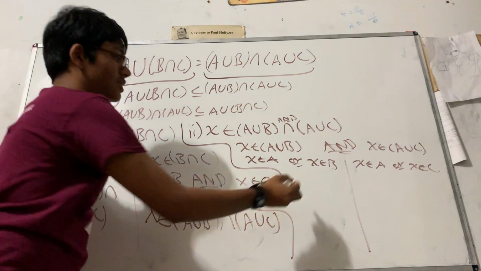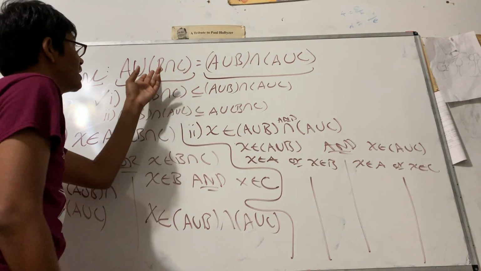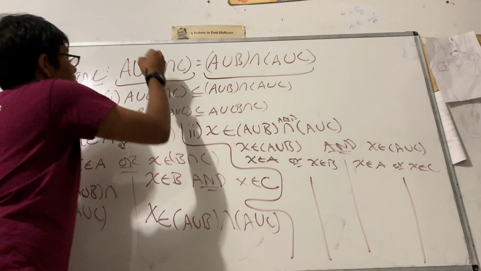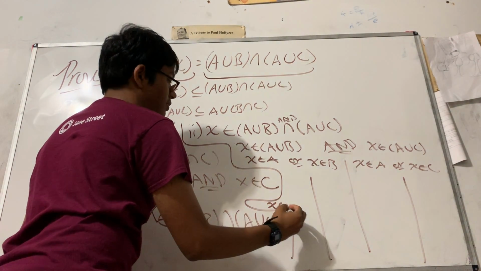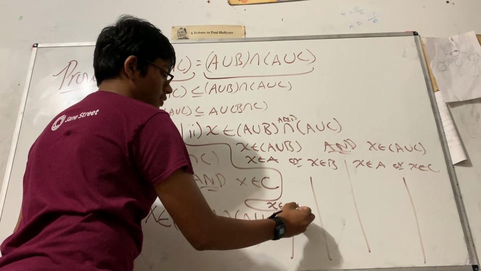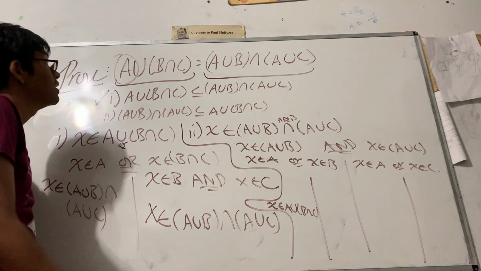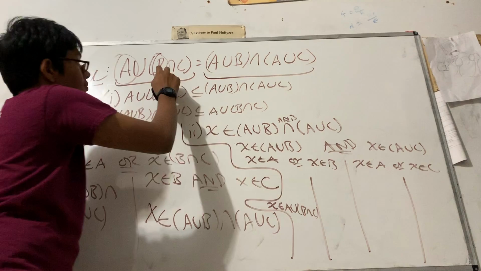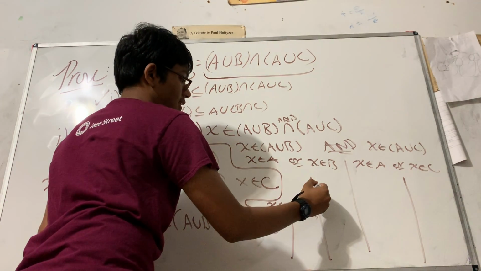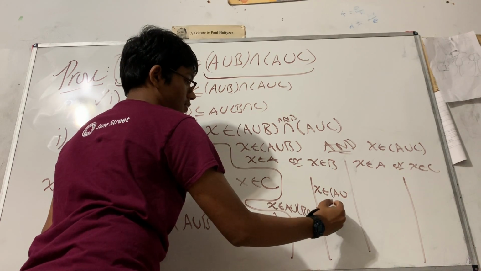Now, you see we have 4 cases here. If x is an element of A, it has to be an element of this one because A is included here. So x must be an element of A union (B and C). On the other hand, if x is an element of B, x is included in this because B is right here. So once again, x will be an element of A union (B and C).